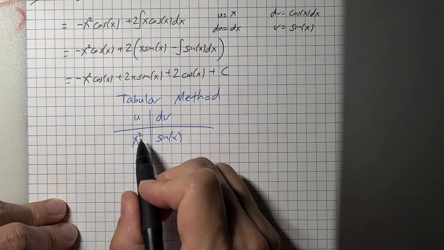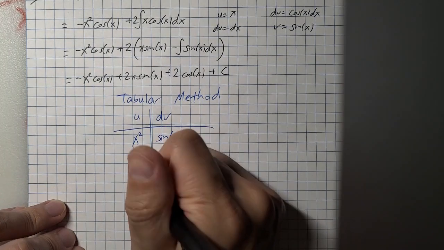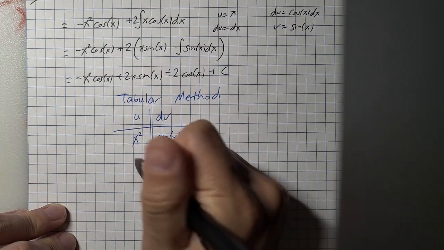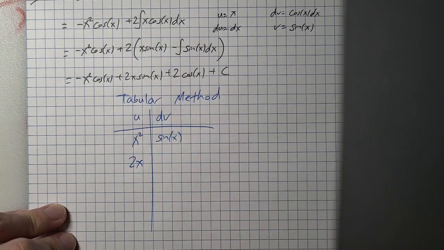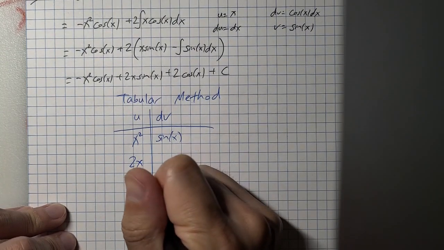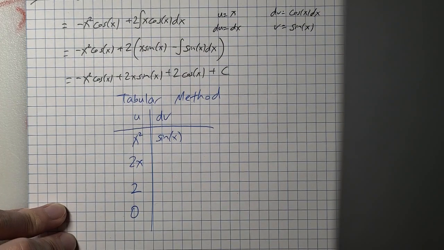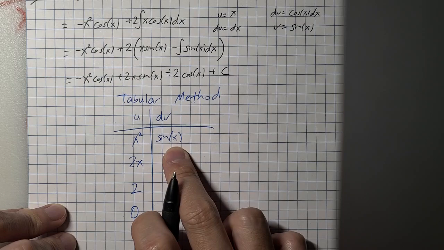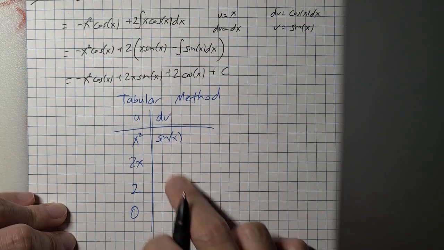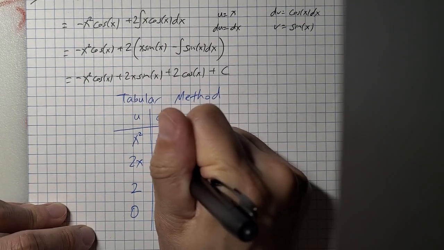So we keep differentiating u until we get to 0. So derivative of x squared is 2x. Derivative of 2x is just 2. Derivative of 2 is just 0. So we stop there. Okay? We take the antiderivative, or we integrate sine x the same number of times. So we get minus cosine x.